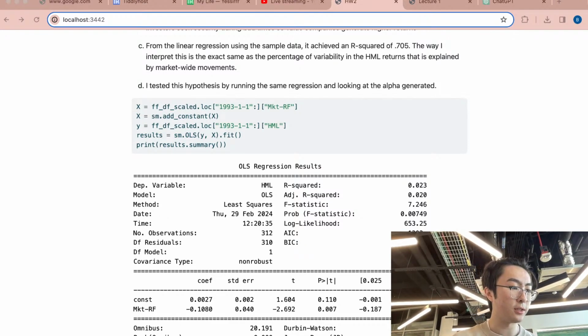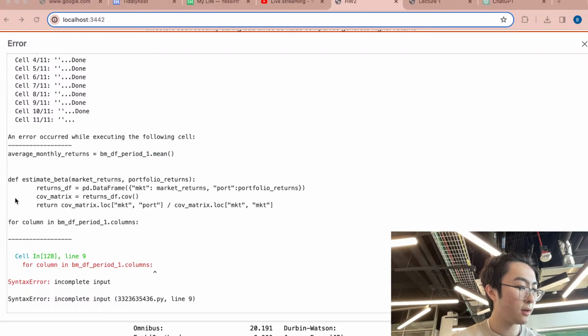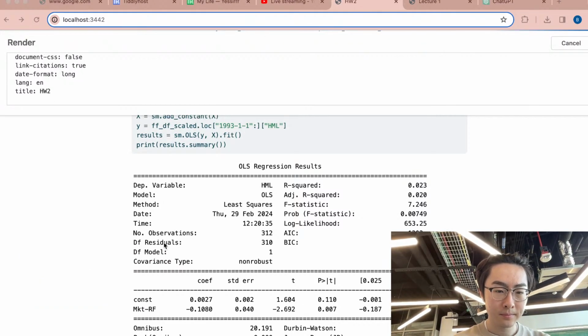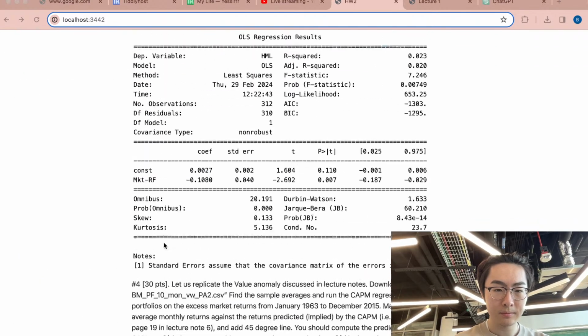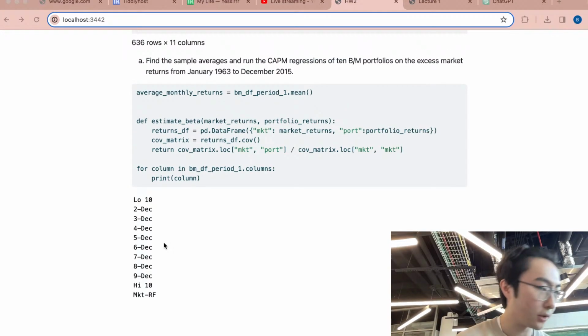They should just be the date. Okay, so let's see if that causes anything to crash. Okay, so it did. Wait, actually, let me see. Oh, nice. Okay, we do have the market risk free.